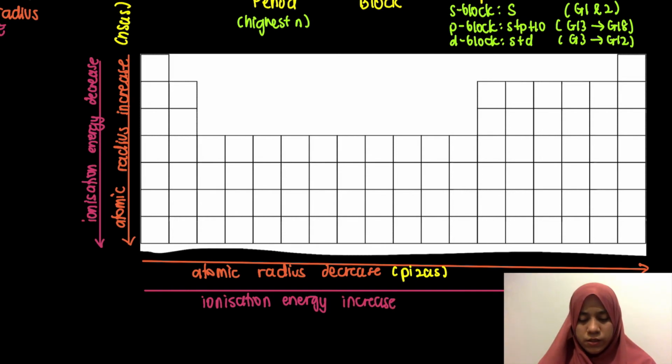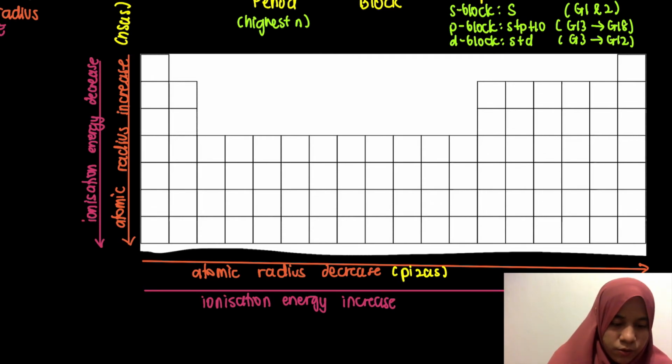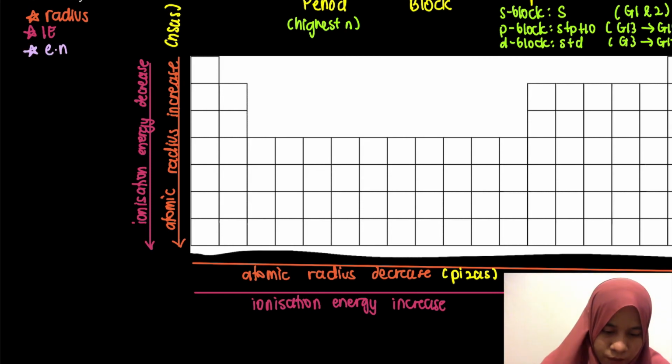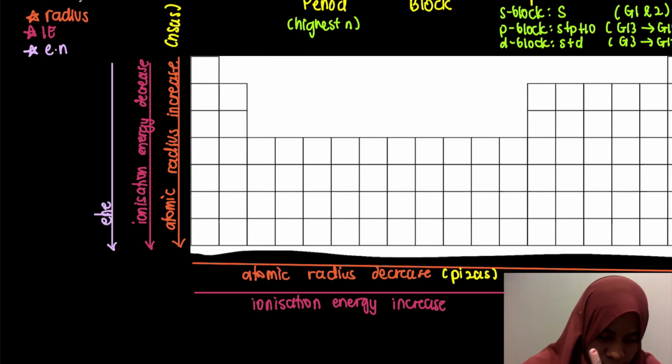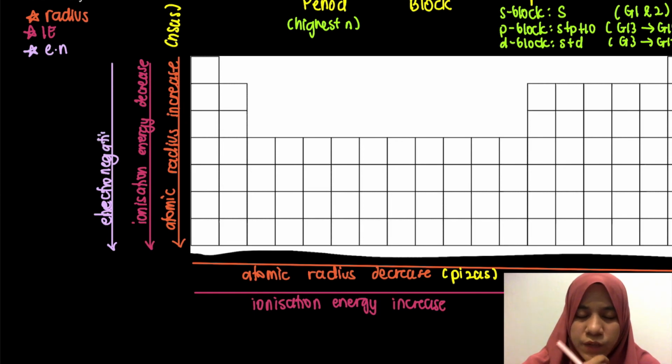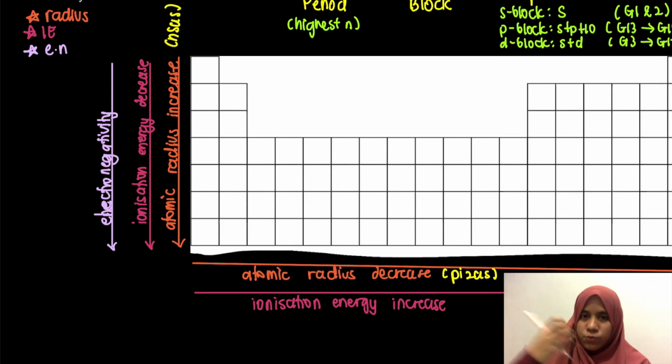The next trend that we look at is electronegativity. Electronegativity also decreases down the group. Why? Because the ability to attract electrons is very low, since the attraction from the nucleus is very weak, so it is harder to attract electrons toward itself.